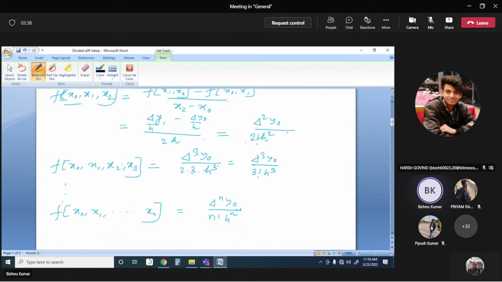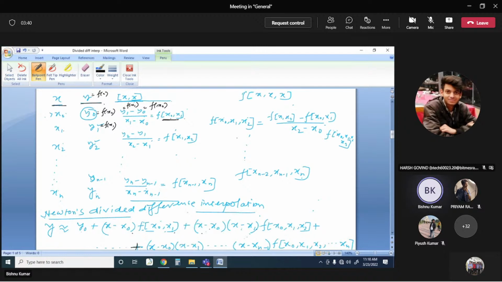So the logic is, if you subtract y0 from y1 and divide by x1 minus x0, you will get the first divided difference between two arguments. Put that value in this place. Again, subtract y1 from y2, divide by x2 minus x1. You will put that value, the first divided difference between arguments x1 and x2.